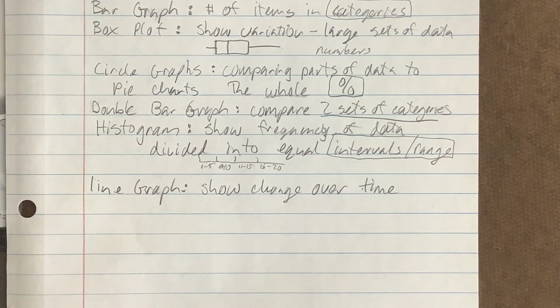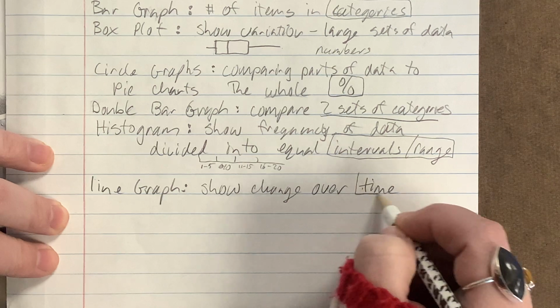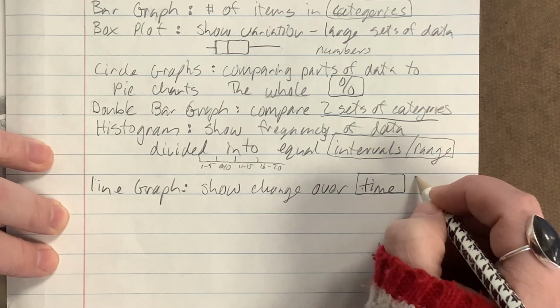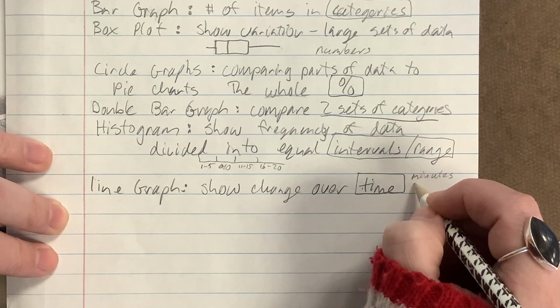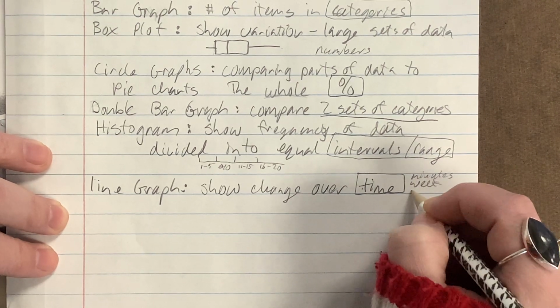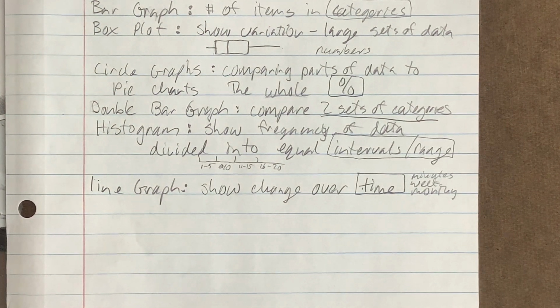Okay, so if we have something that's like weekly or monthly or yearly, that's going to be your line graph. So time, so minutes or weeks or monthly or yearly, any of those things count as time, and therefore you should put that kind of data in a line graph.